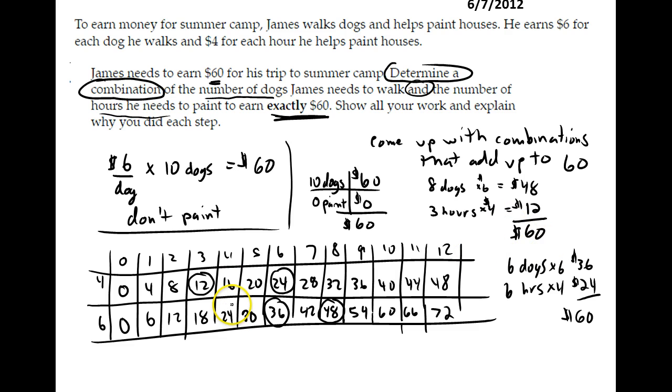He could do $24 from painting, and 60 minus 24, yeah, 36, that works out. He could do 9 hours painting, 4 dogs, and that would work as well. So there's more than one answer.